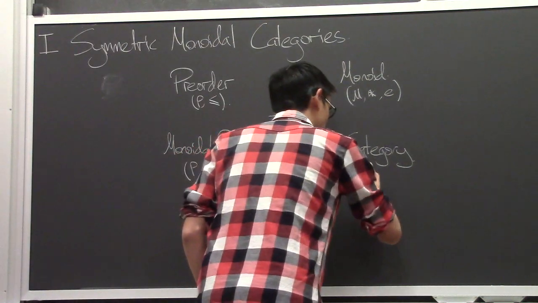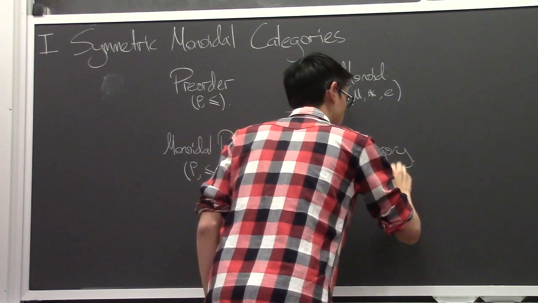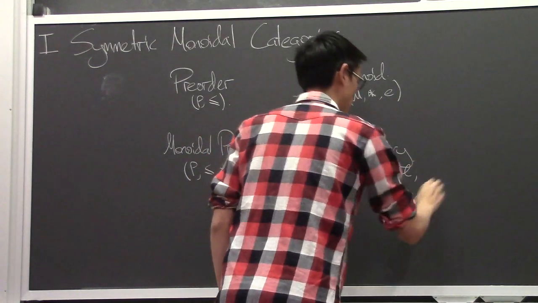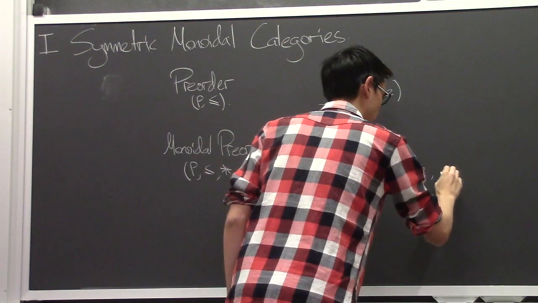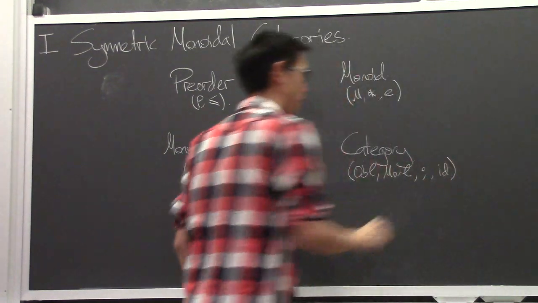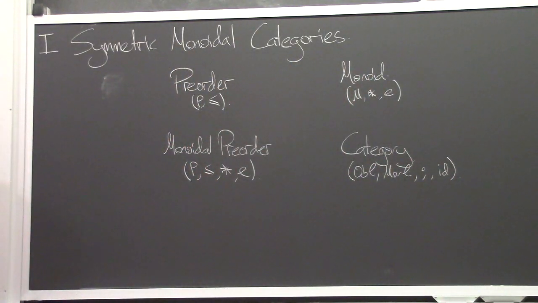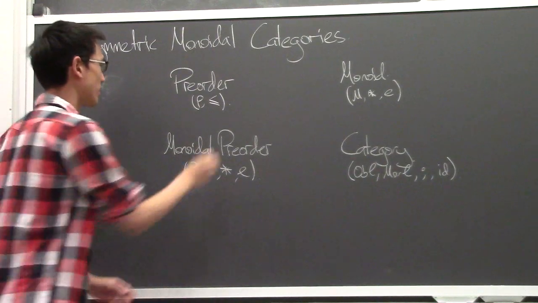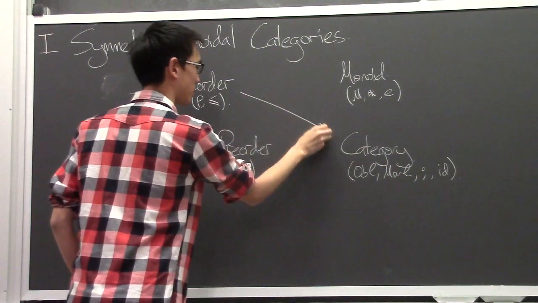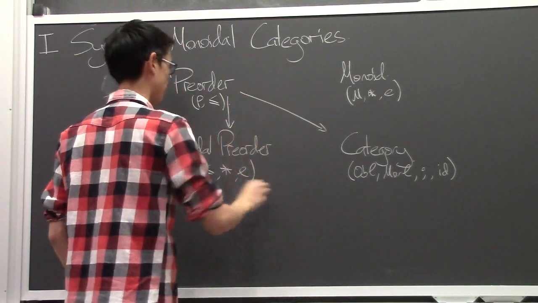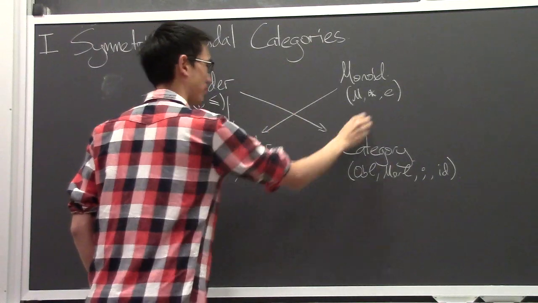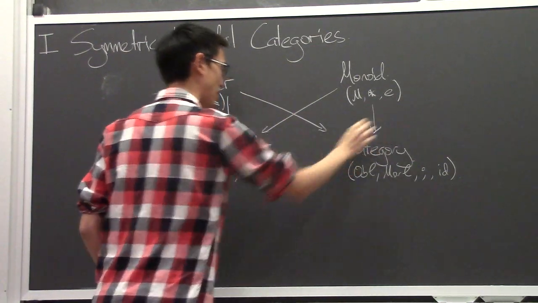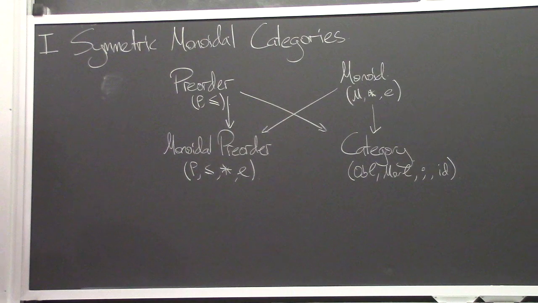So I'm going to write, we have a set of objects, a set of morphisms, and then we have this composition operation with some notion of units. Okay. So in particular you can say that preorders are a special type of category, or monoidal preorder, and monoids are a special type of monoidal preorder, and a special type of category, a category with one object.